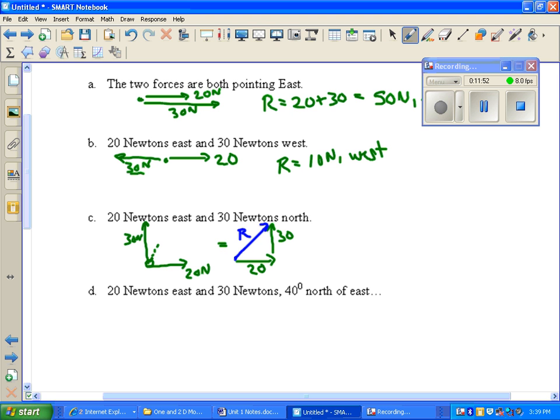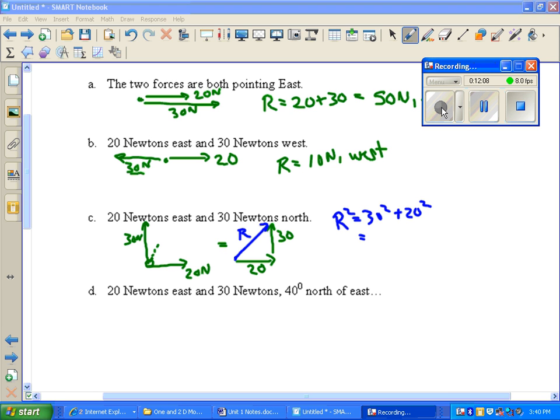Well, since these are at right angles, east and north are at right angles to each other, I can just do the Pythagorean theorem. So R squared equals 30 squared plus 20 squared. Okay, and that's going to give, after I do my math, a resultant of 36.1 newtons.